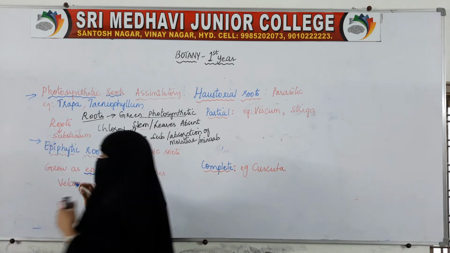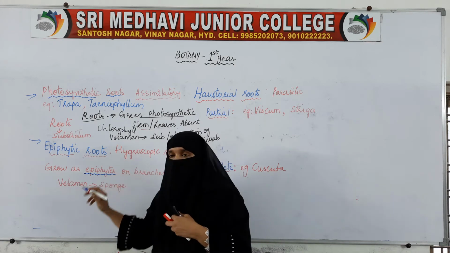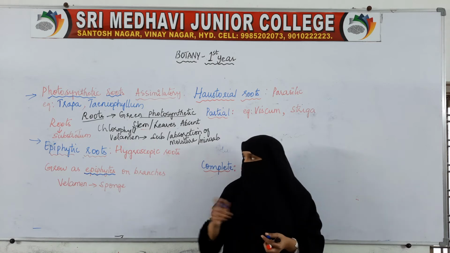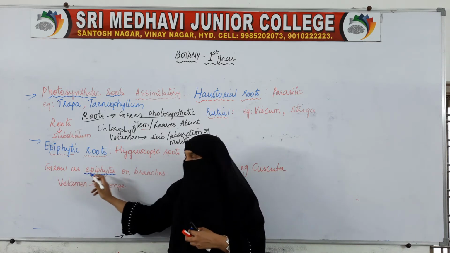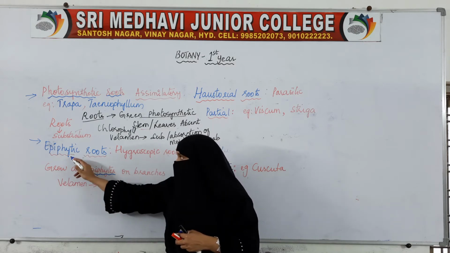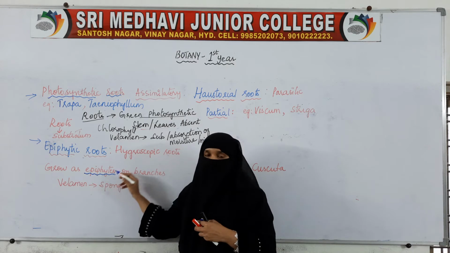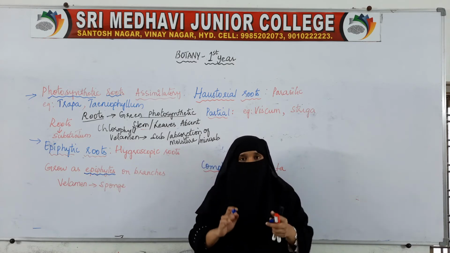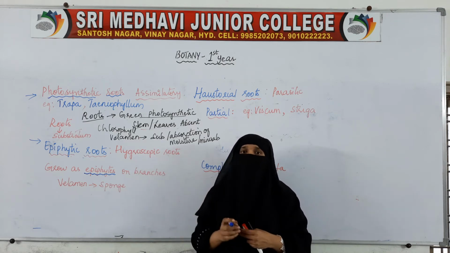The plants which grow on other plants or on the branches of other plants are called epiphytes. These epiphytes have epiphytic roots.